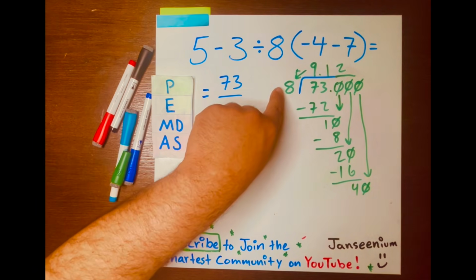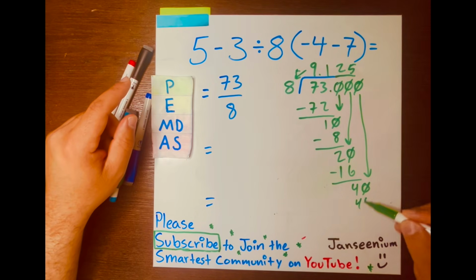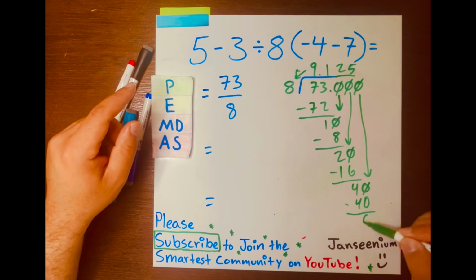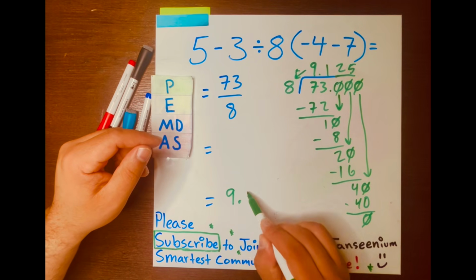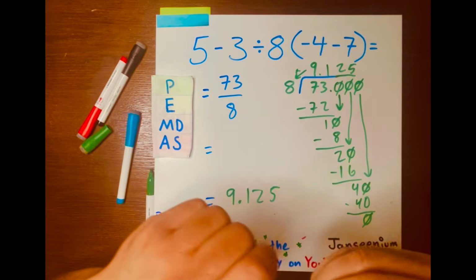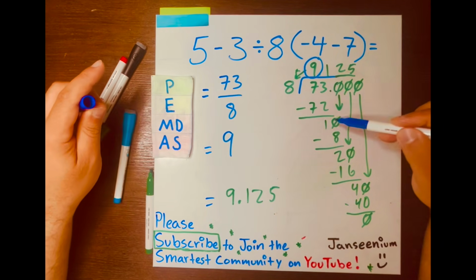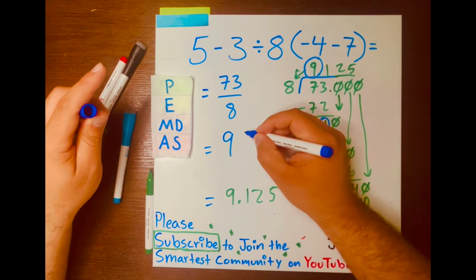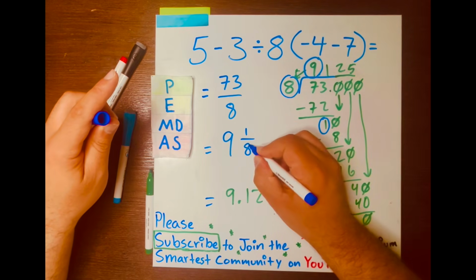And now you can fit 8 into 40 5 times, and 5 times 8 is 40, and 40 minus 40 is 0. So your decimal answer is 9.125, or the mixed number answer is you write this 9, that's the whole number, and then the remainder, 1 goes above the fraction bar, and then the 8 goes below the fraction bar.